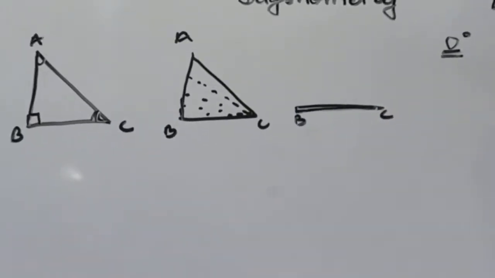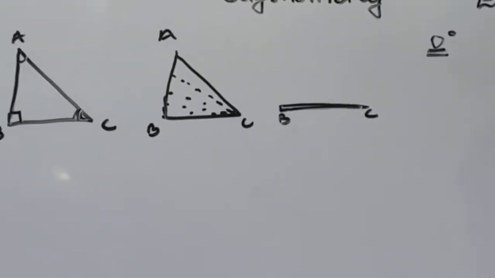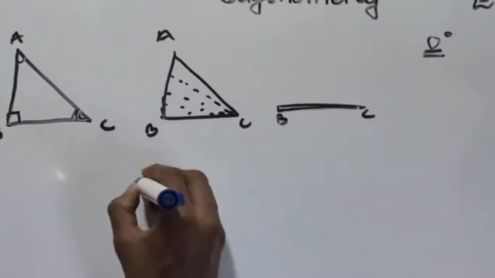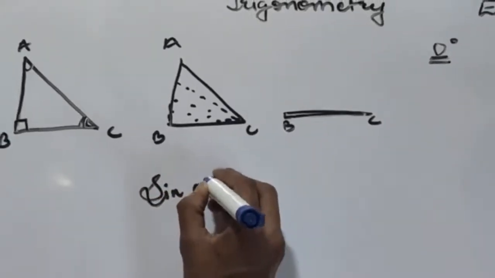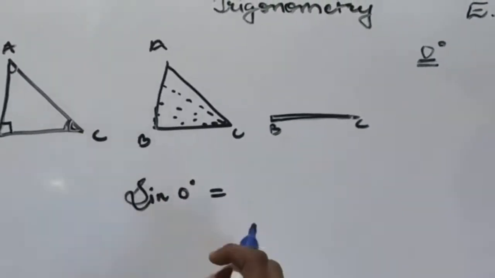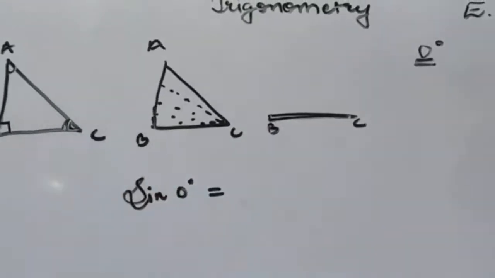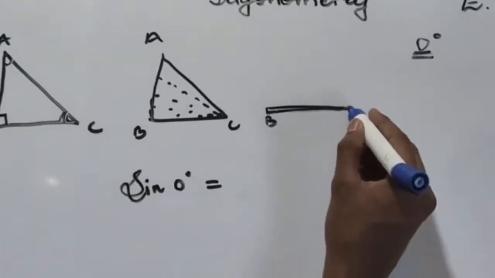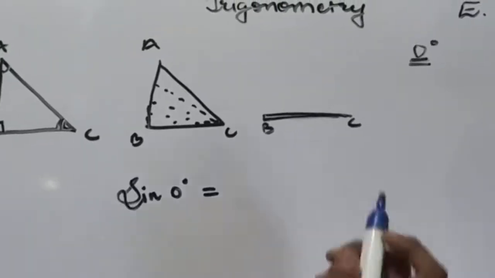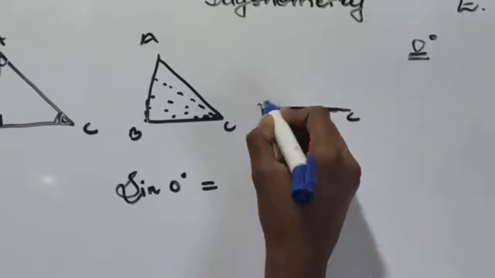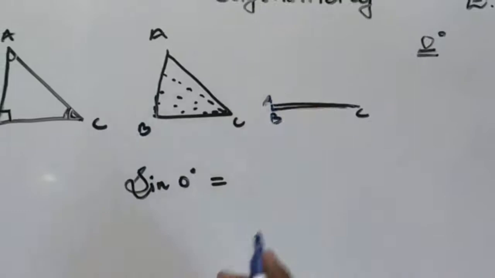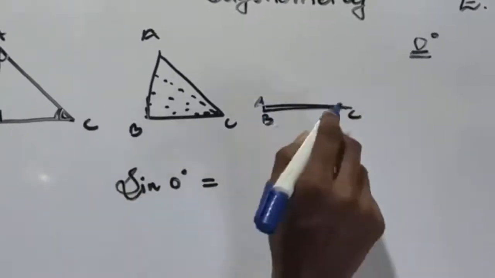So let us find out the values for sin 0 degree. Here, as we know that sine ratio is given as opposite upon hypotenuse. Here, for angle C, which is 0 degree, or you can say near 0 degree, not exactly 0 degree, the opposite side is side AB, and the hypotenuse is side AC.